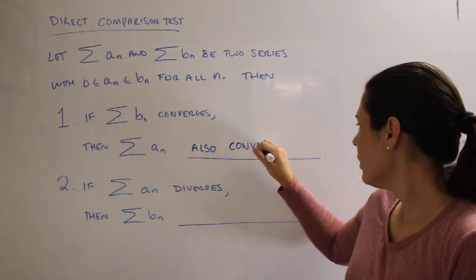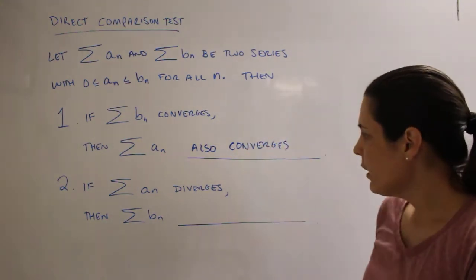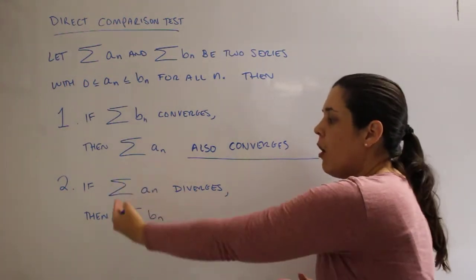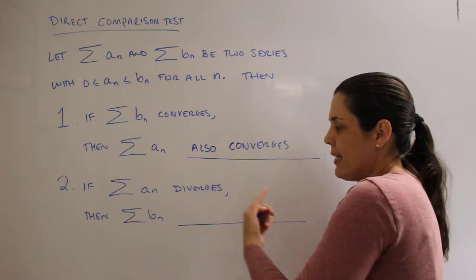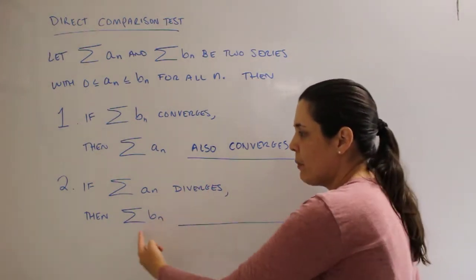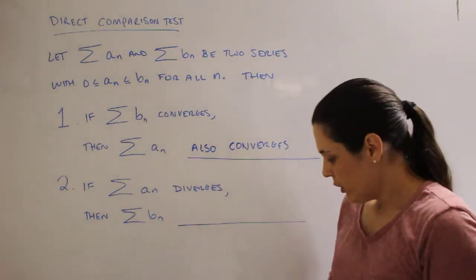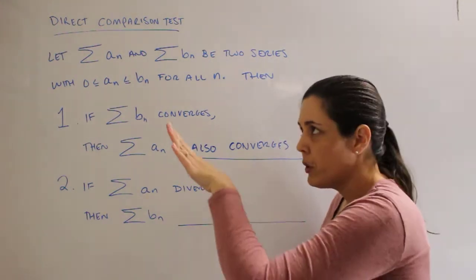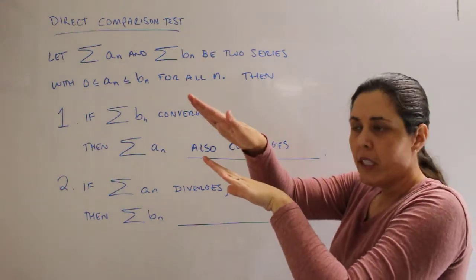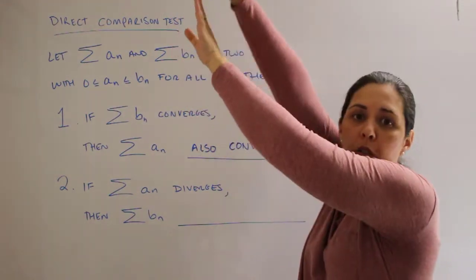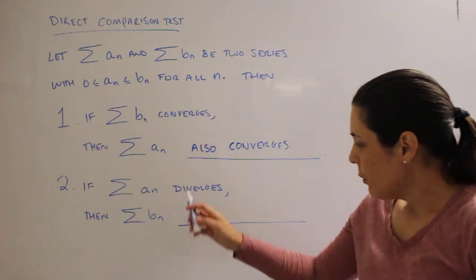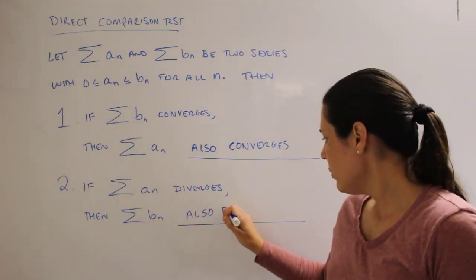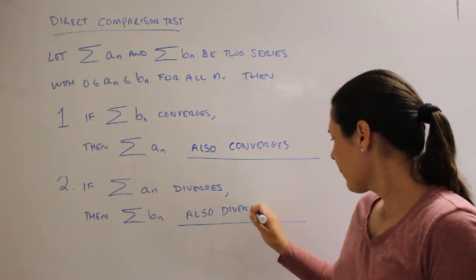Very much in the same manner, part 2, if the smaller series, series a sub n, diverges, then what does that say about the bigger series? If the smaller series is going to diverge, like let's say shoot up to infinity, then the one above it, the one that's always bigger, must also do the same thing. So if the smaller series diverges, then the larger series, b sub n, also diverges.